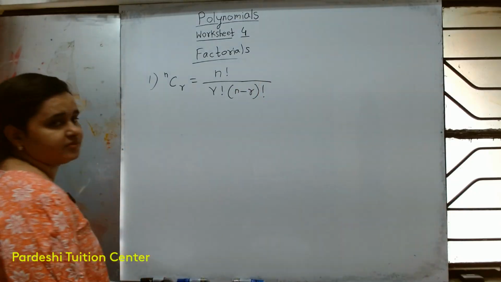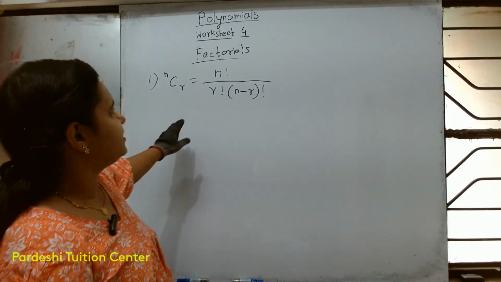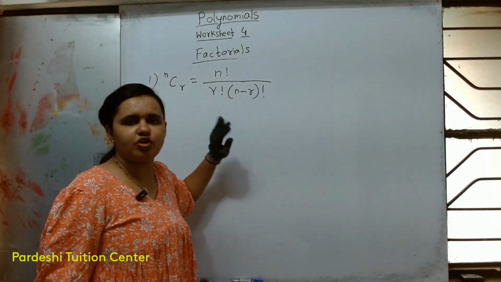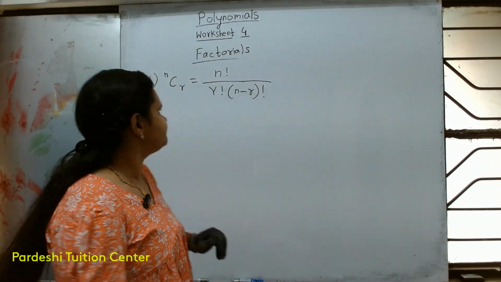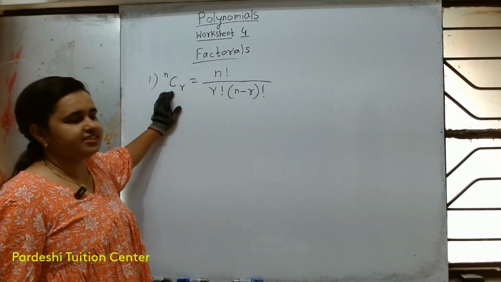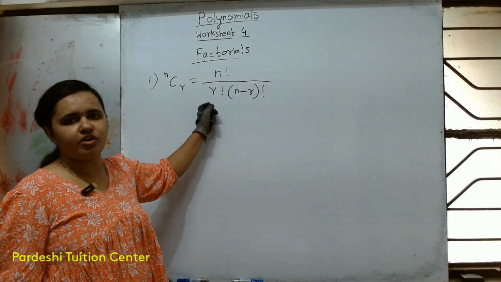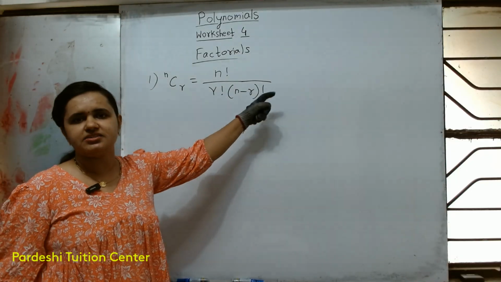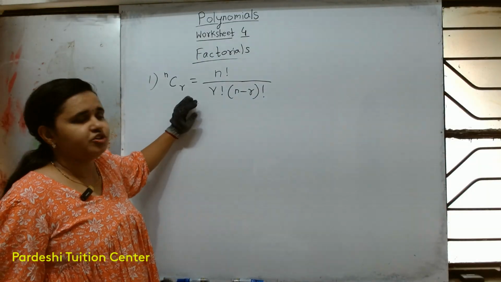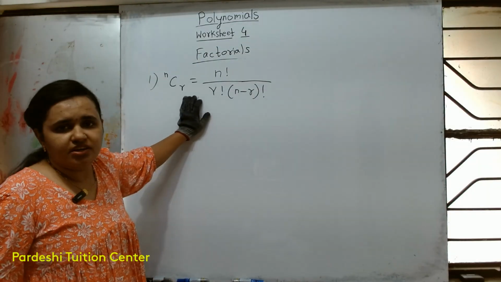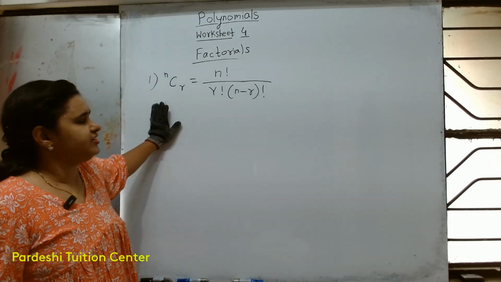It is the formula for combination. First, we will see the formulas for combination and then we will study the formulas for permutation. It is the basic formula. You will use it in every sum.